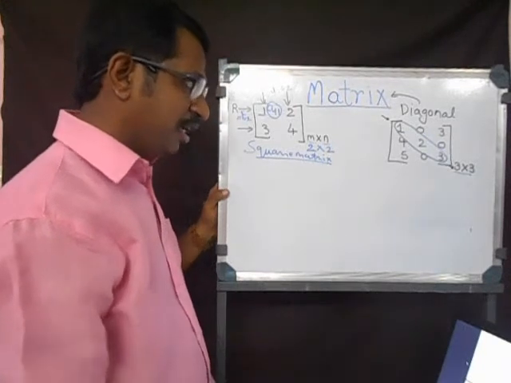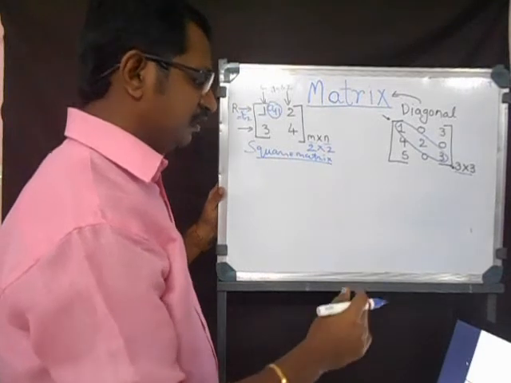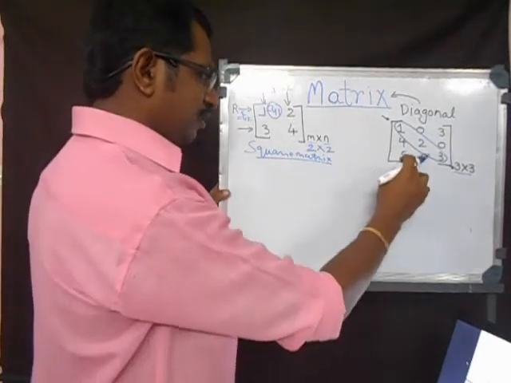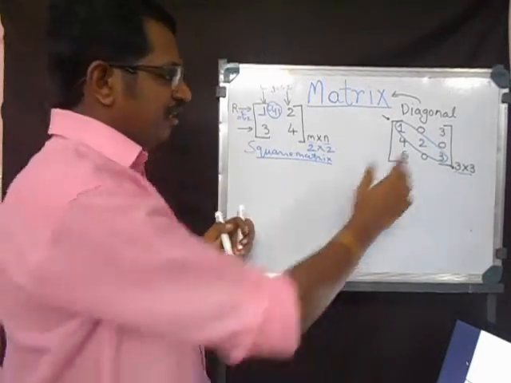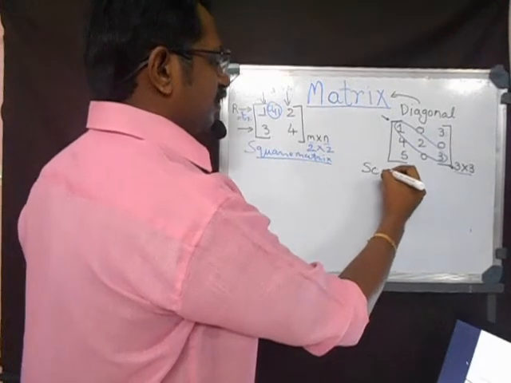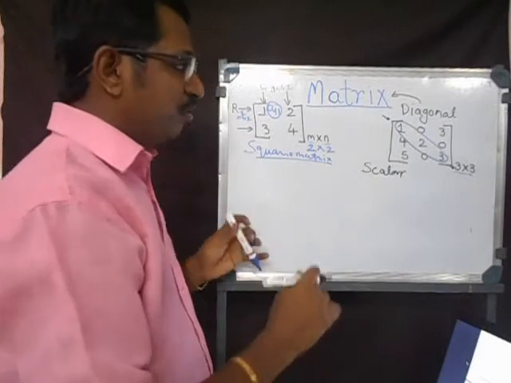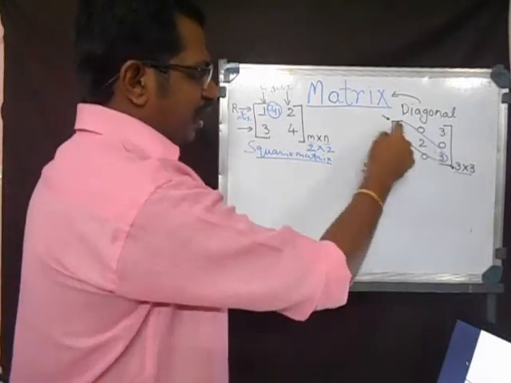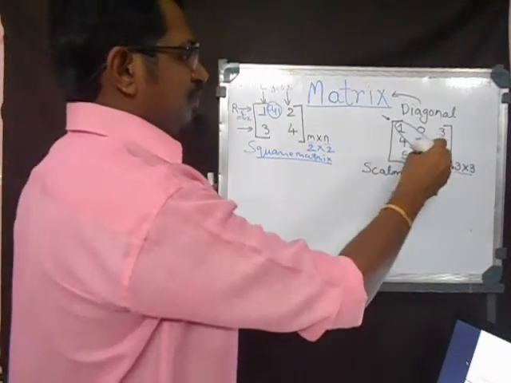Now we go to the next, higher step: the scalar matrix. The scalar matrix is a step ahead. It is a diagonal matrix, but the only thing is that now the diagonal elements should all be the same.